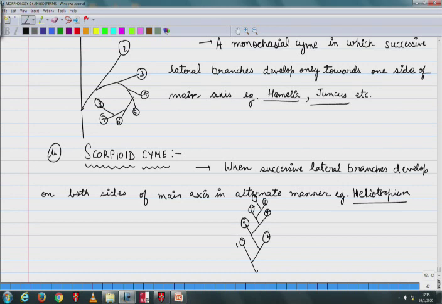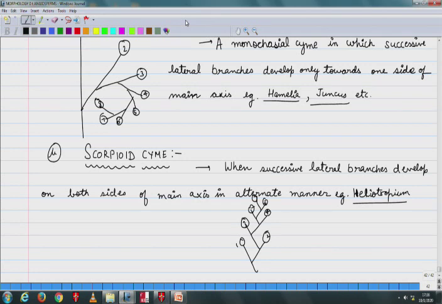Are you getting me? Like this, like this, like this. Like a scorpion moving. So that is why it is called scorpioid. Now this is all about monoparous cyme.